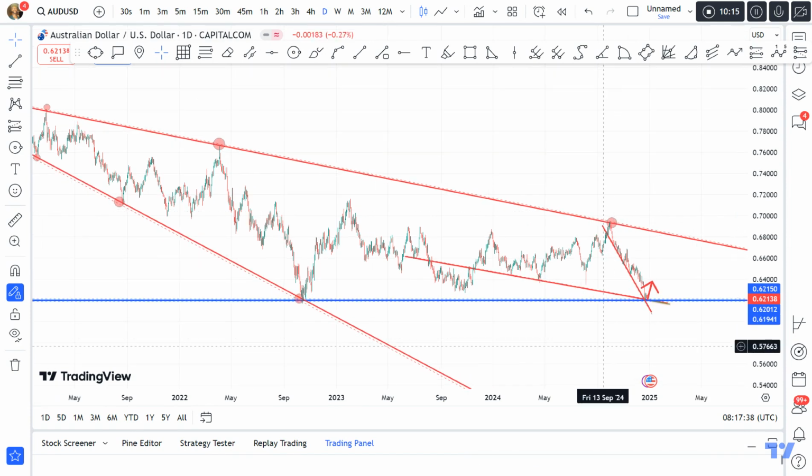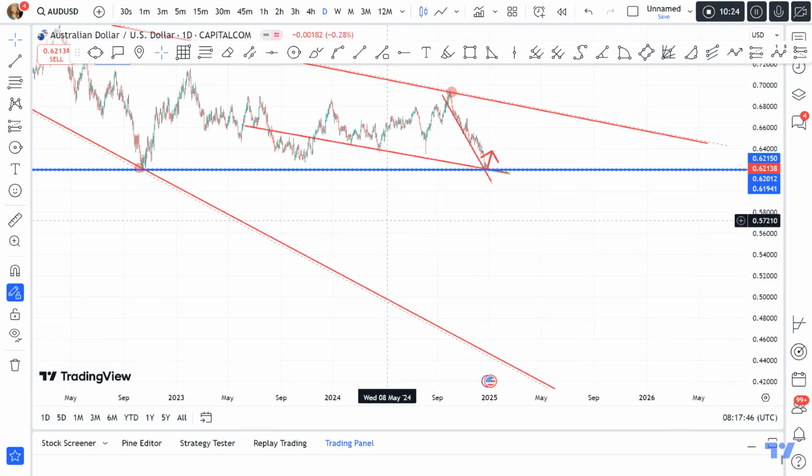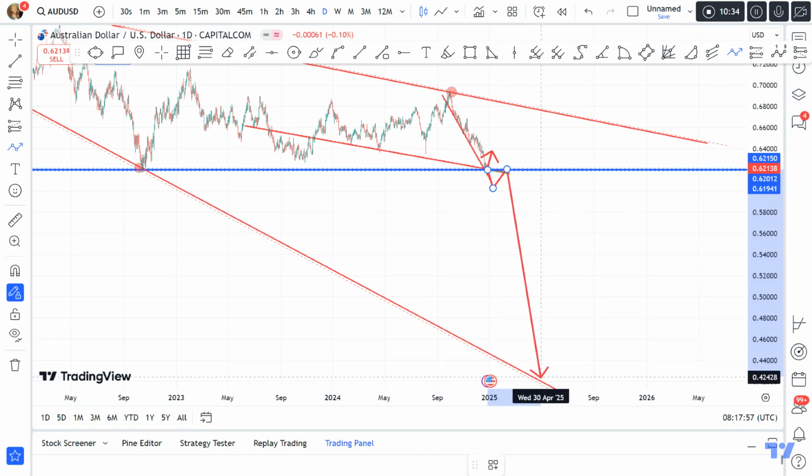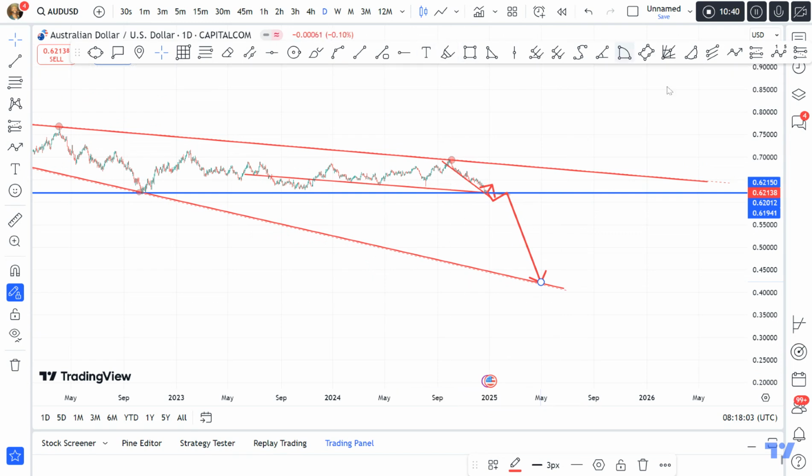So I tell you that a breakout from the blue demand structure will ultimately see AUD continue to sink. So if they manage to break out from that structure, a breakout from this structure, we see AUD come down here. Okay? Yes, it is what it is.